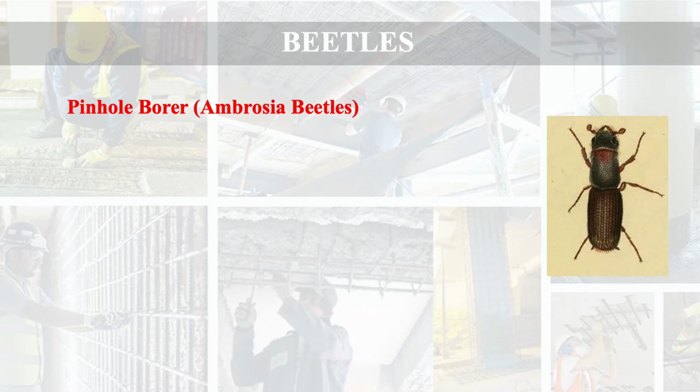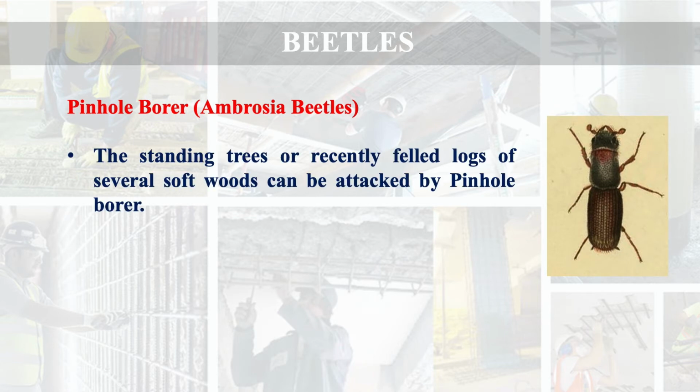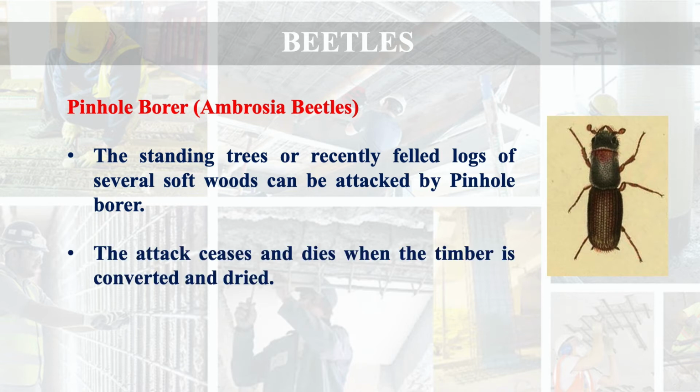Now, pinhole borers. The standing trees or recently felled logs of several softwoods can be attacked by pinhole borers. You see the picture of the pinhole borer in the figure. The attack ceases and dies when the timber is converted and dried.